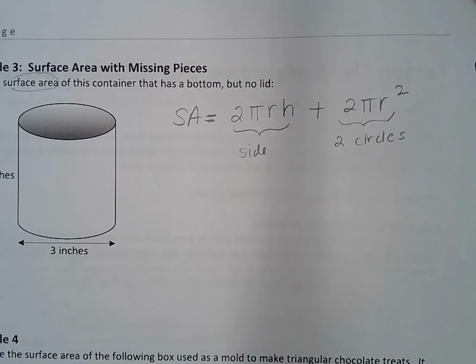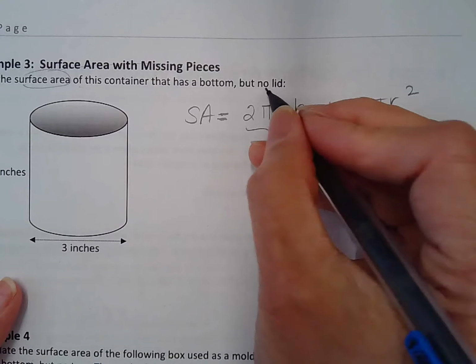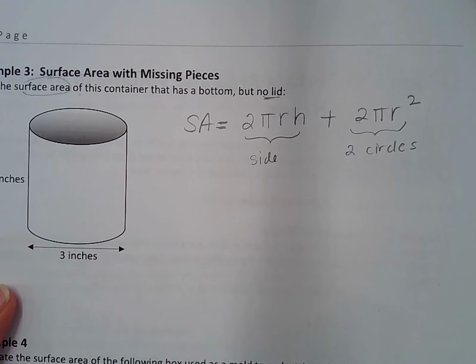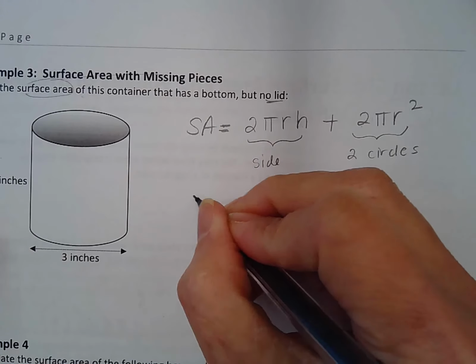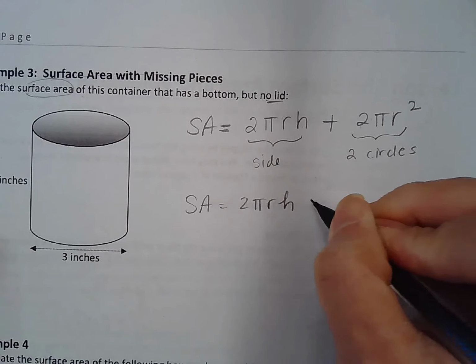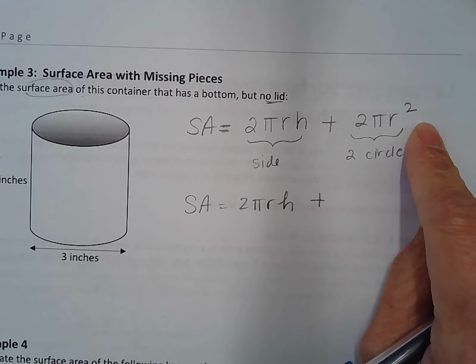So what we're going to do is adjust this because it does not have a lid. There's no lid on the top. So what are we going to do? So SA is 2 pi r h plus, instead of 2 circles, we're going to have just 1 circle.